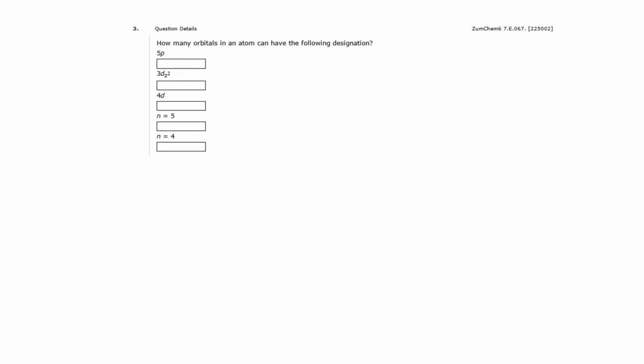Here's another question about quantum numbers. When they give us some designation, if they're specifying a valid sublevel, and the key here is if it's valid, because sometimes they can try to trick you and give you an invalid set of numbers or designations.